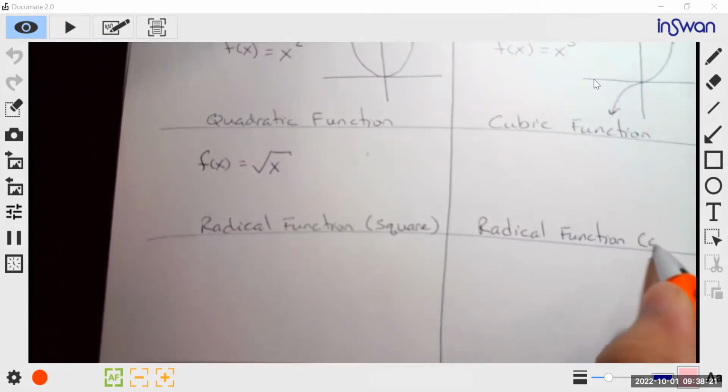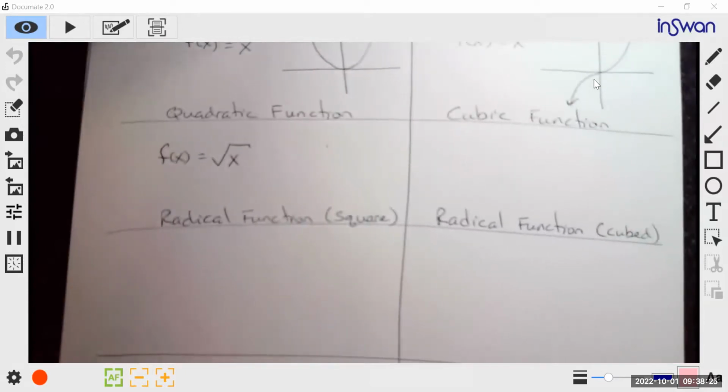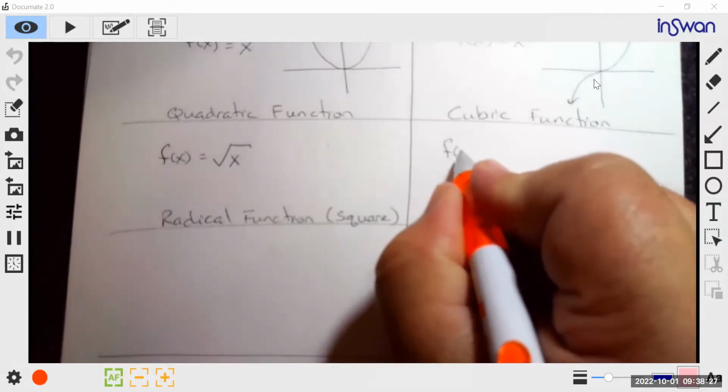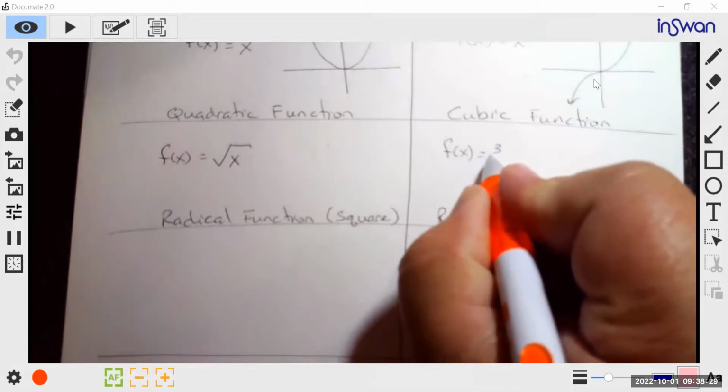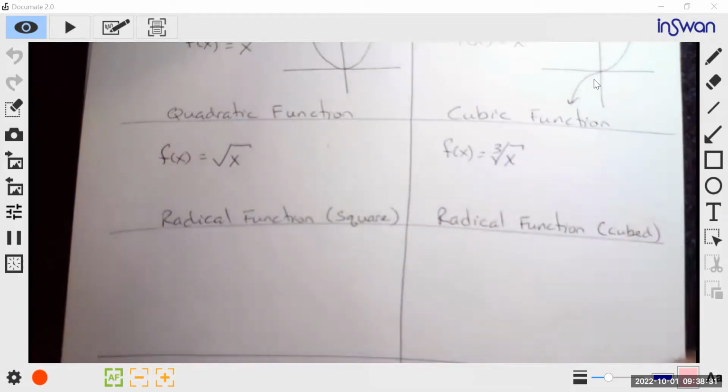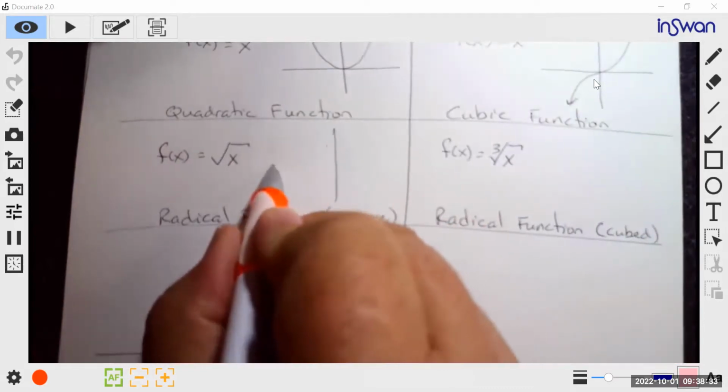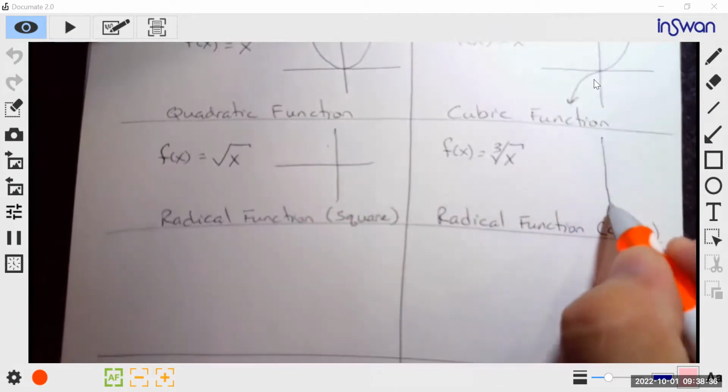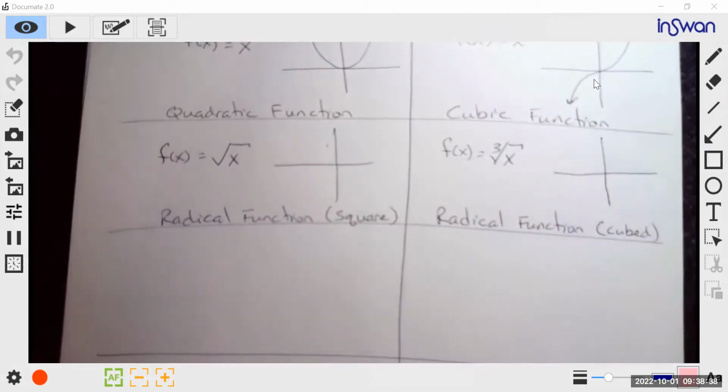Radical function cubed. These two graphs are pretty similar, except for one major point.